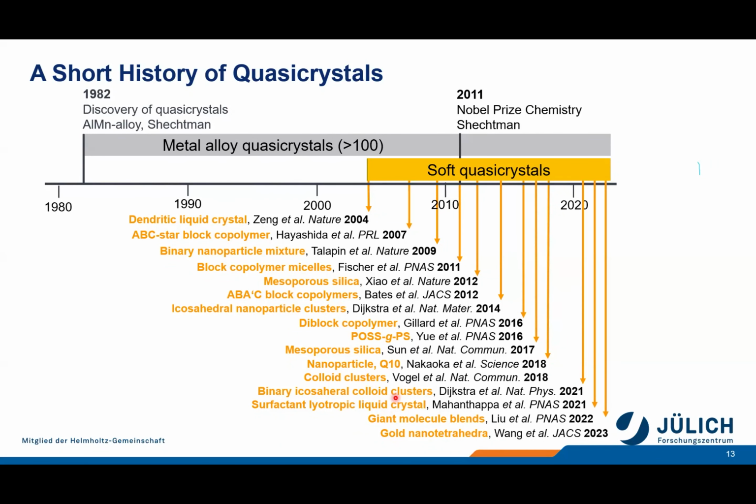And so it seems quasicrystals are really something quite general, not special to metal alloys and based on complicated quantum mechanical interactions. If those simple soft matter systems can form quasicrystals as well, there's this open question why they are formed and why they are stable and why they occur over so many different kinds of materials.